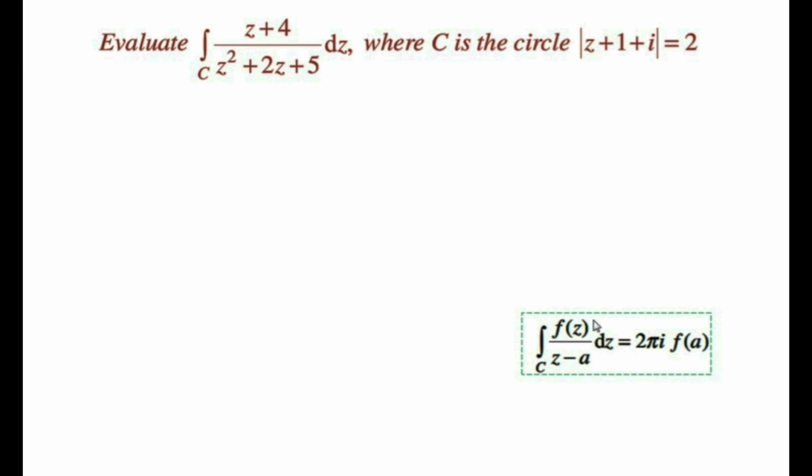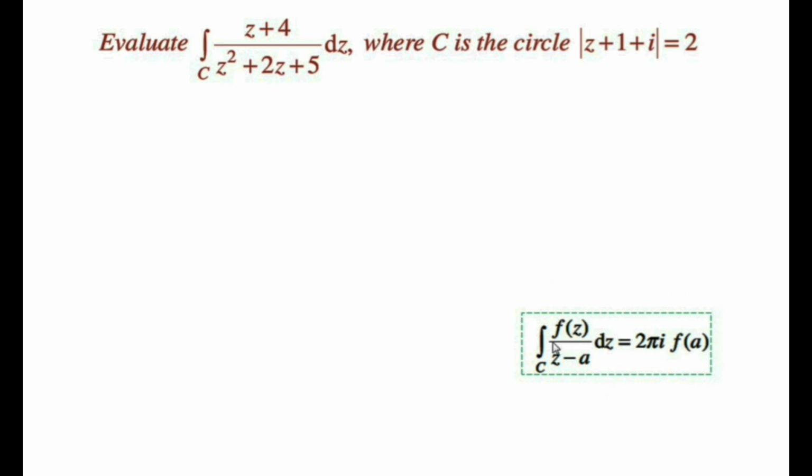Generally, we know that if a complex function f of z is analytic within and on a closed curve, and if z equals a is any point in the middle of the curve, then we have the formula: the integral over C of f of z by z minus a dz is 2 pi i times f of a.